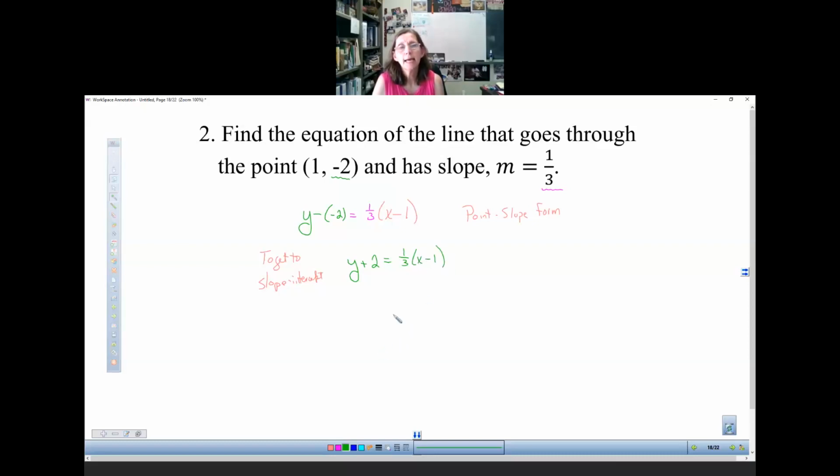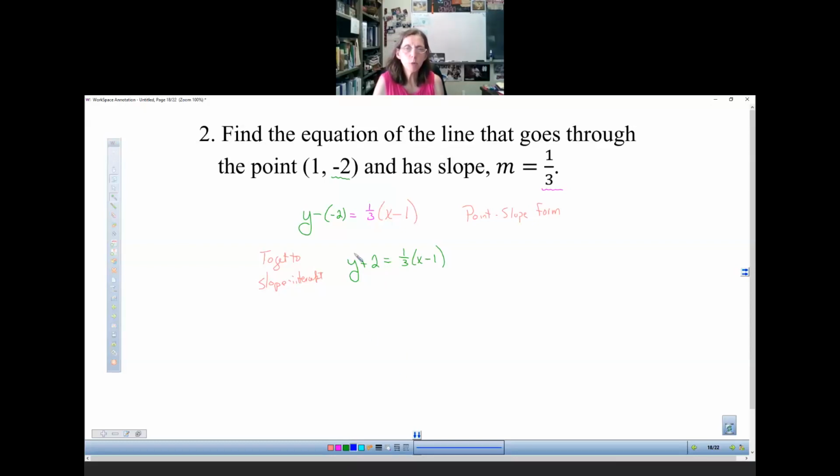Now, at this point, I'm going to do a little bit of mathemagic. By that, I mean I'm going to get rid of the fraction because most of you guys don't like fractions. We'll bring it back, I promise. To do that, it just helps me to clean this up a little bit.